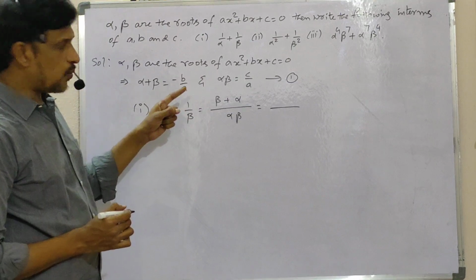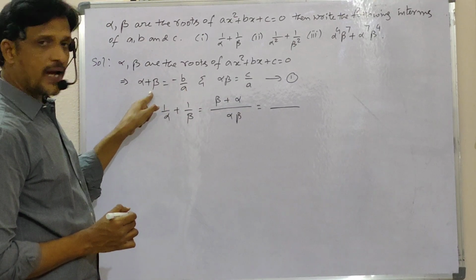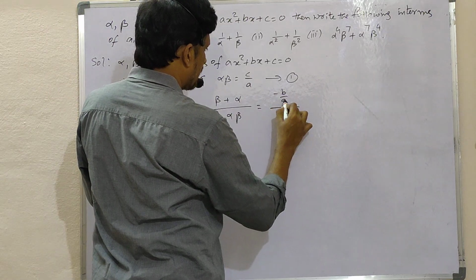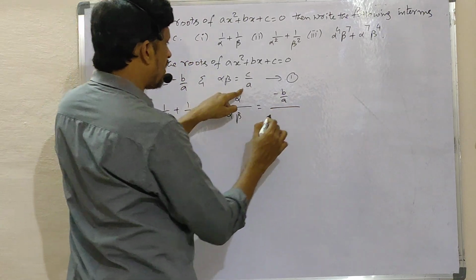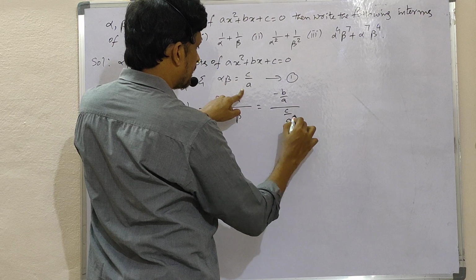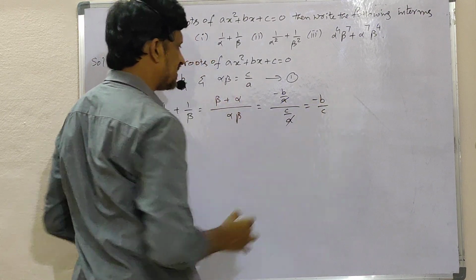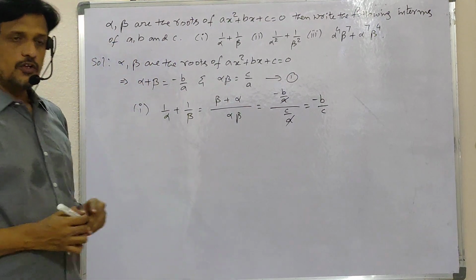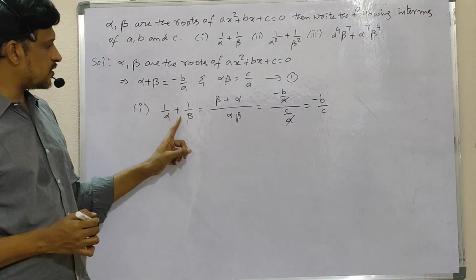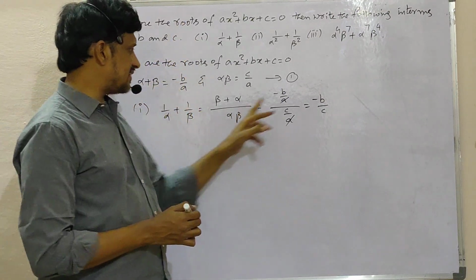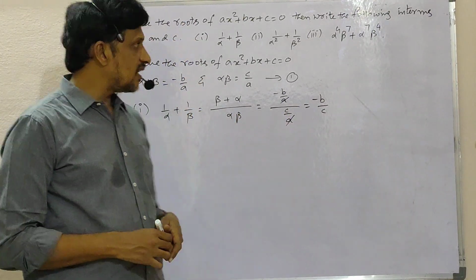But from equation number 1, we have these two values. Alpha plus beta is minus b by a, and the denominator alpha beta is c by a. So the resultant will be minus b by c. So the value of 1 by alpha plus 1 by beta in terms of a, b, c is equal to minus b by c.